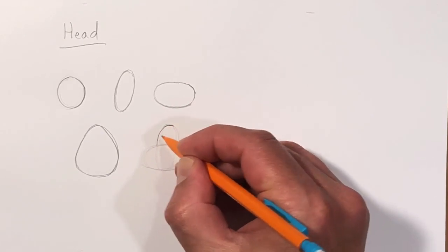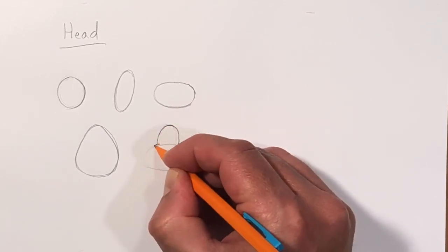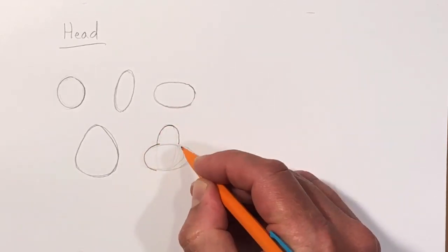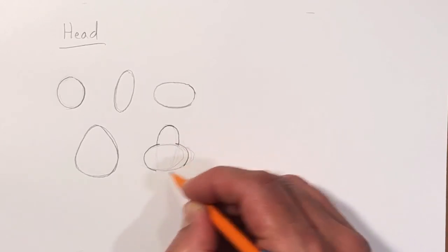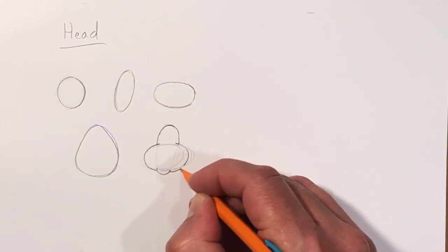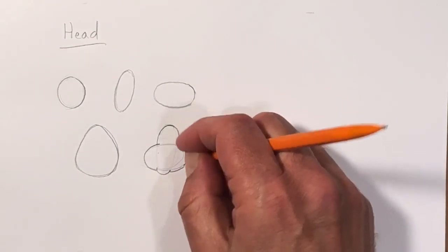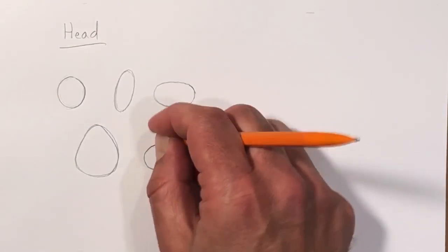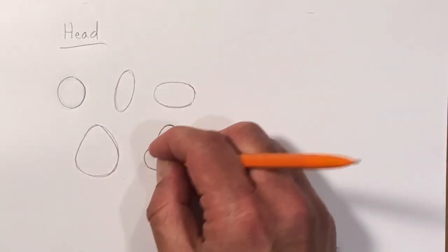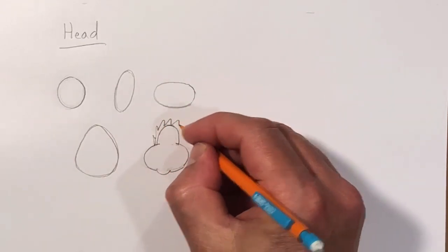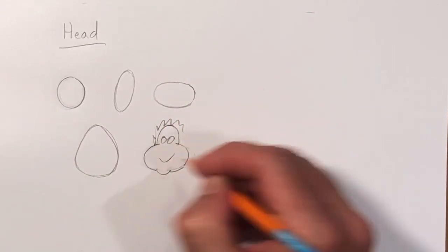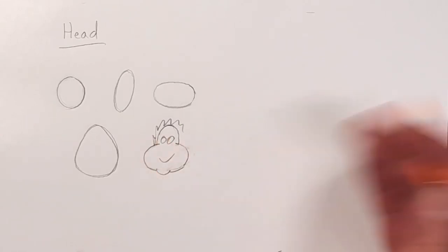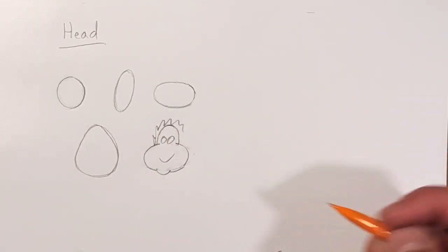Then I can have a head that has more of these kind of chubby cheeks here. And maybe I have a little bit of a chin sticking down or something like that. And I can get rid of these other lines. And then when I put my face on there later, and I can put hair, and I put eyes and a mouth, whatever you want to do, you're going to use that extra shape.